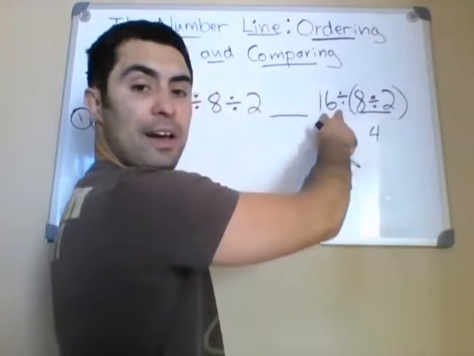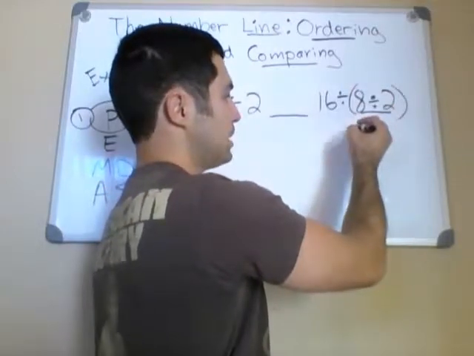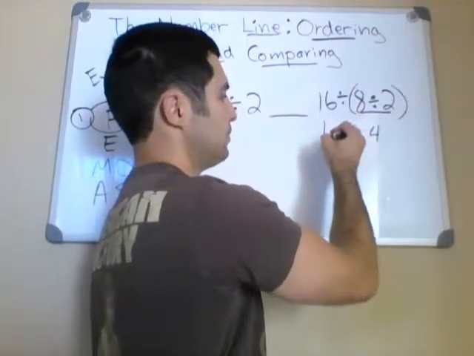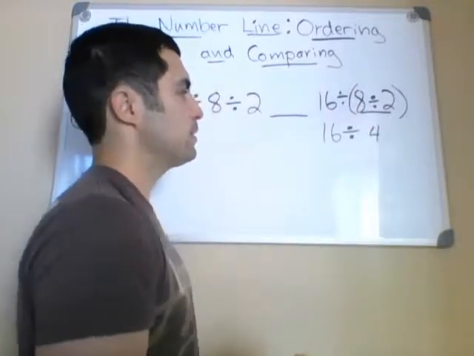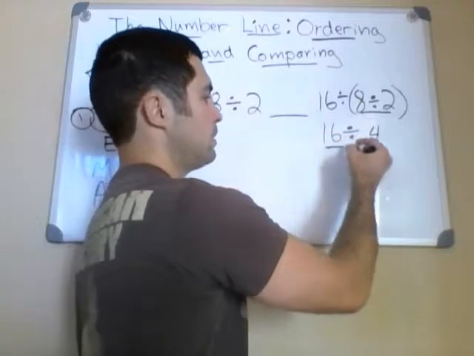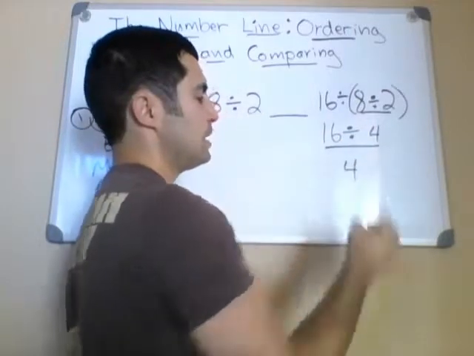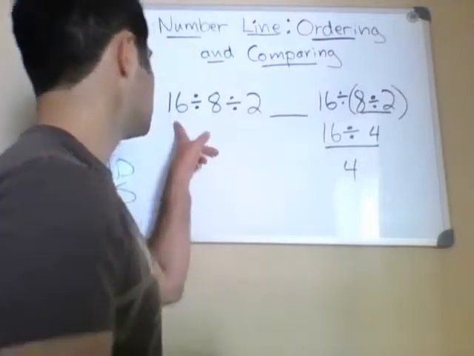I have not yet evaluated 16 divided by 8, so that comes straight down. So 16 divided by 4, I'm going to evaluate those two things, and the answer is 4.